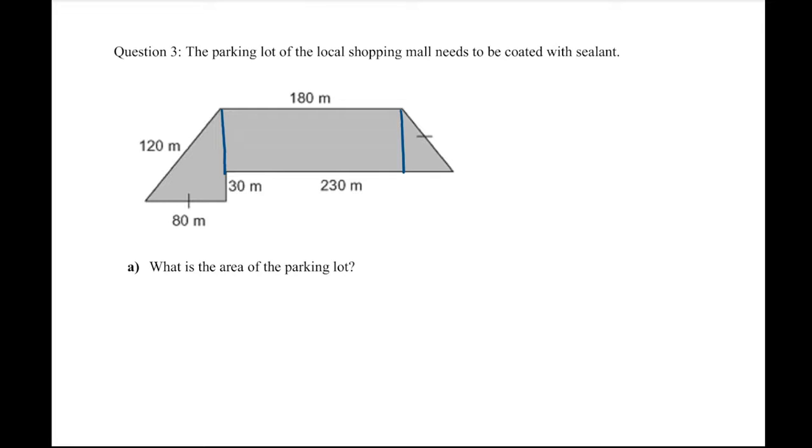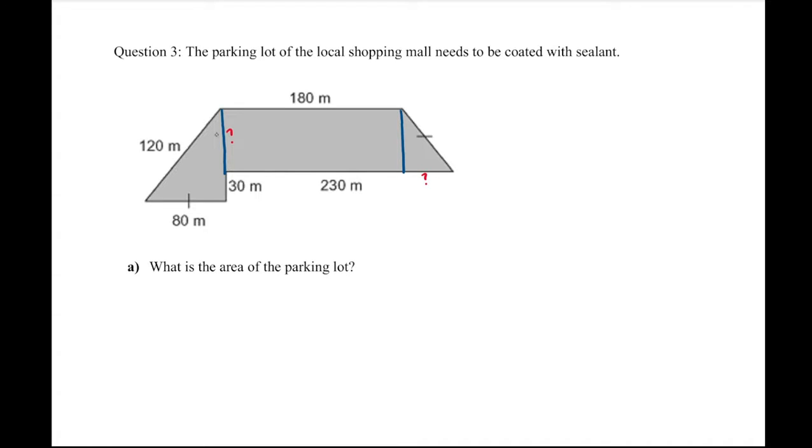Sorry about that, blanked for a little bit. I am missing some measurements. I am missing this part here for my rectangle, so I am missing that width or height, and I'm also missing a little portion down here for the triangle.